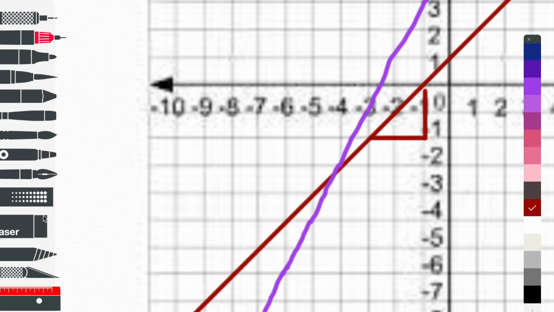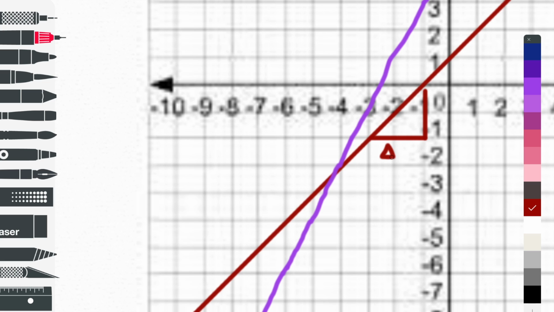So this line, this staircase thing, we would put the sign delta.